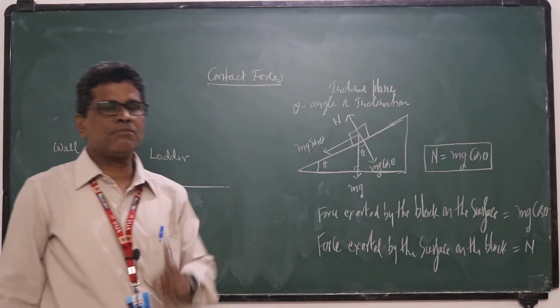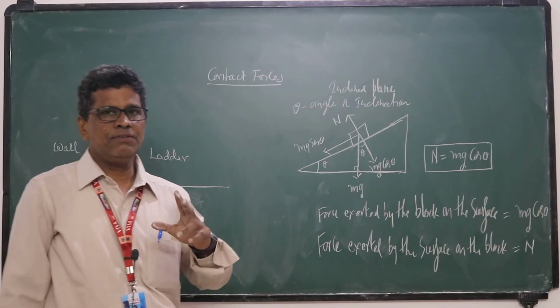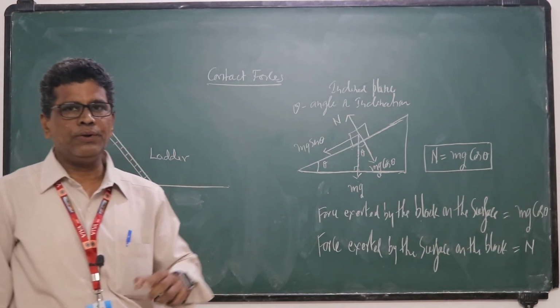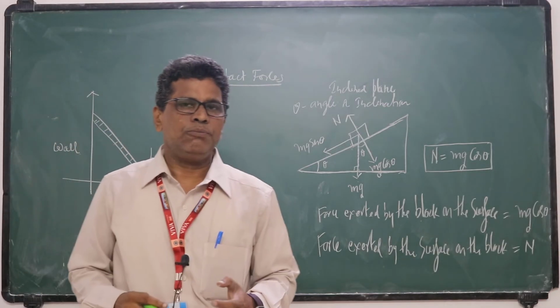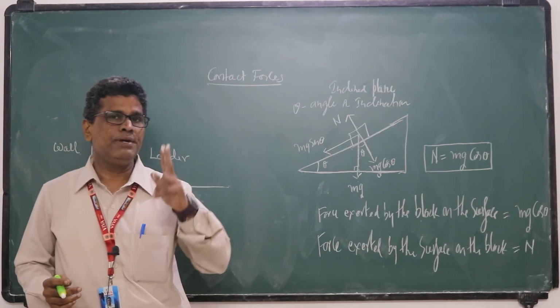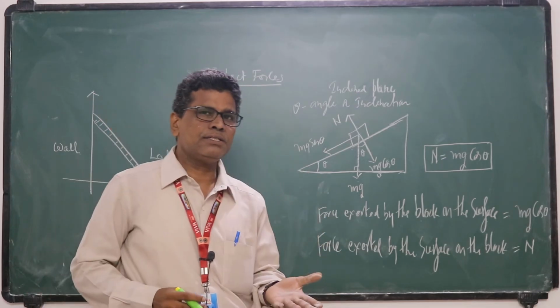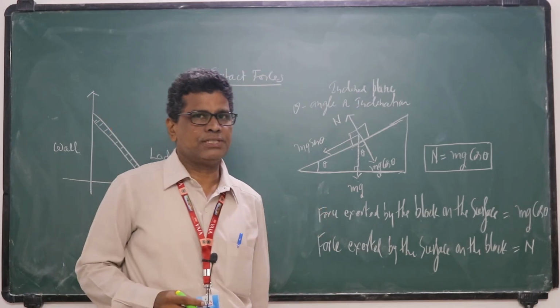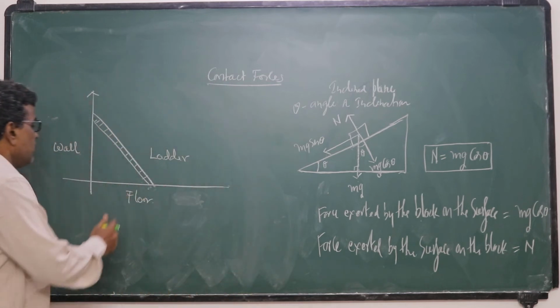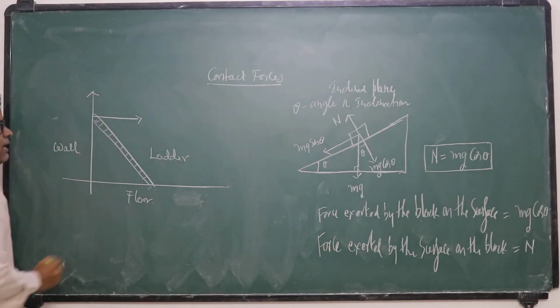The number of normal reactions in a given situation, at a given instant, is equal to the number of contacts. Suppose the body is in contact at two different places, then there will be two normal reactions. If there are three places, then there will be three contact forces.